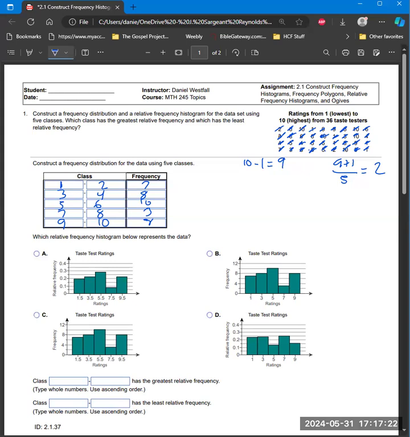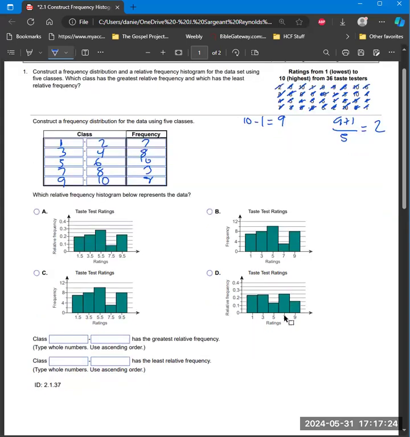So which one is the correct graph that shows frequencies of 7, 8, 10, 3, and 8? Well, we need to convert these to relative frequencies.